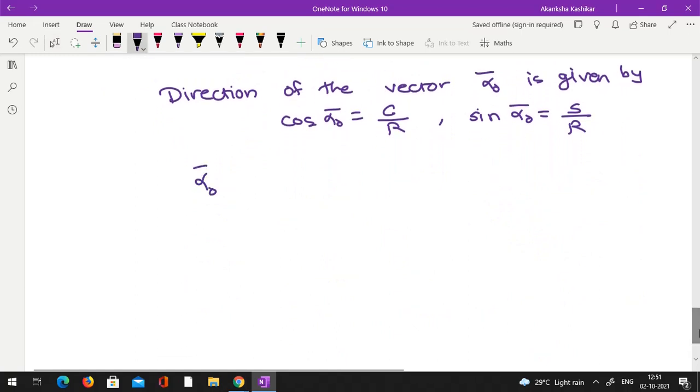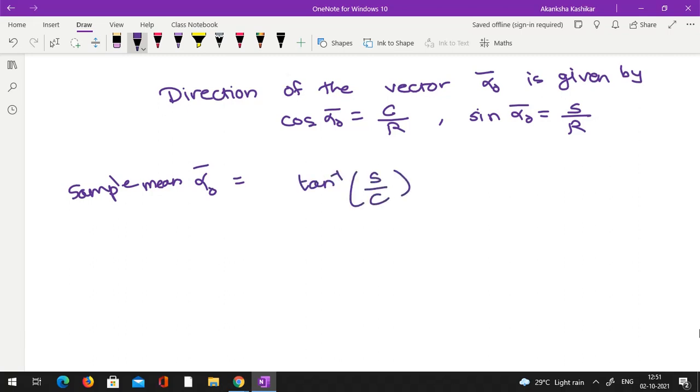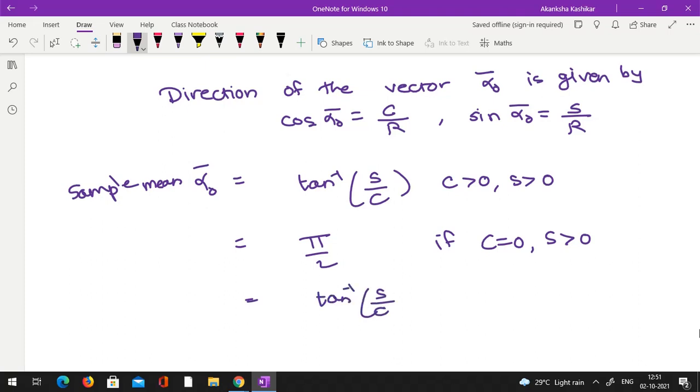So alpha naught bar is the sample mean. Okay, so the sample mean alpha naught bar of alpha 1, alpha 2, ..., alpha n would be tan inverse of S by C if S and C both are positive. It is pi by 2 if C is 0 and S is positive. It is tan inverse of S upon C plus pi if C is negative.